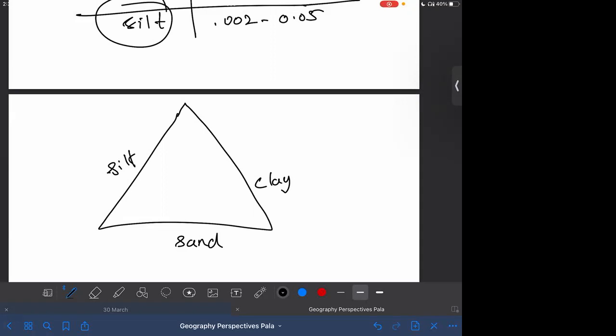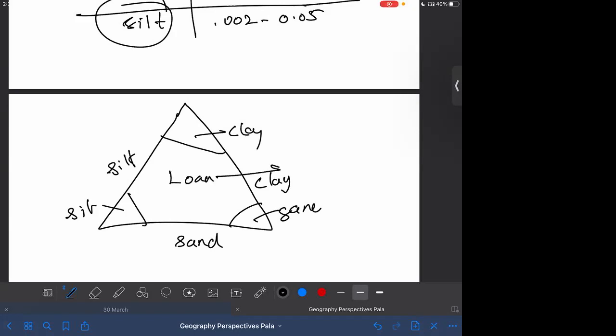If you look here, this will be more clayey soil, more silty soil, and more sandy soil. In the margins, you will see whichever soil is found in that region, but in the center, you will see mostly loam.